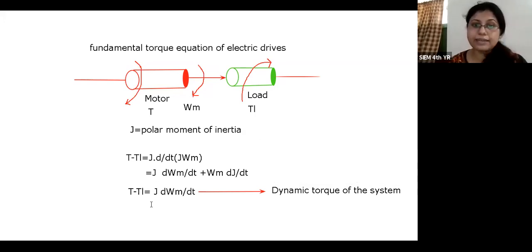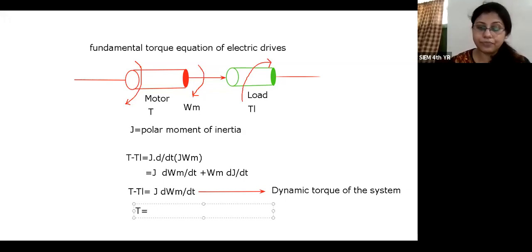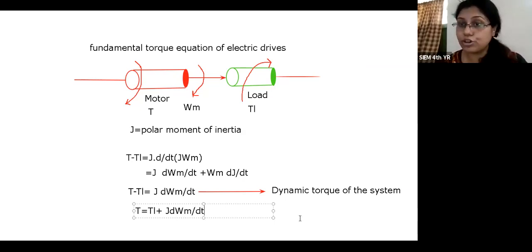So we can write motor torque is equal to load torque plus J d omega m divided by dt.